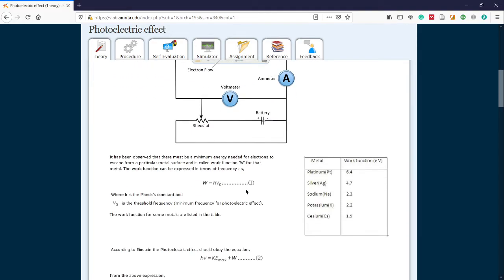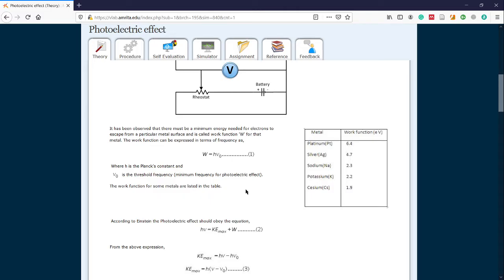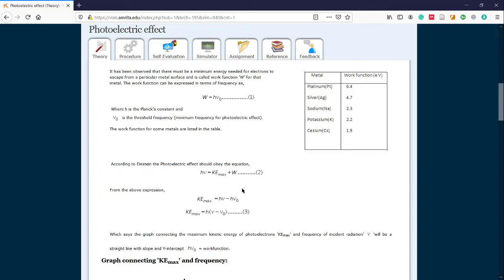The energy of the photon is related to its frequency by the relation E equals h nu. Now, W is the work function of the metal, and it is given as h times nu 0. This nu 0 is called the cutoff frequency, and h is Planck's constant.